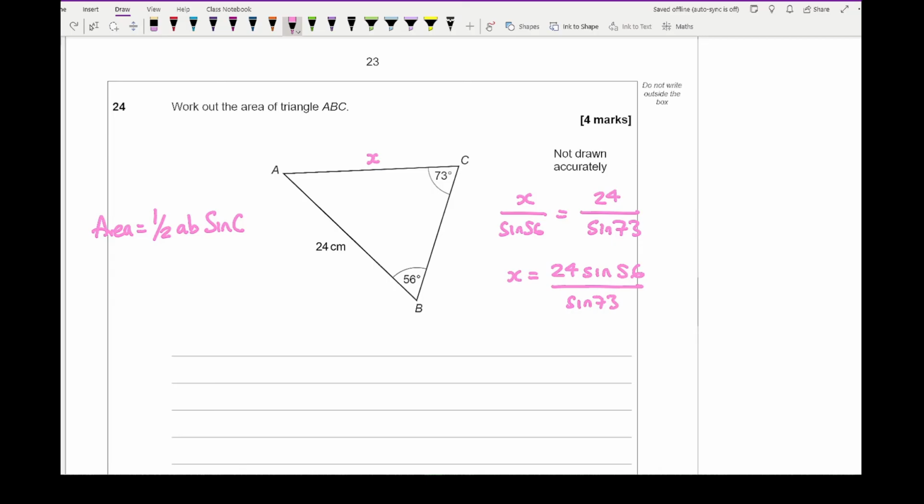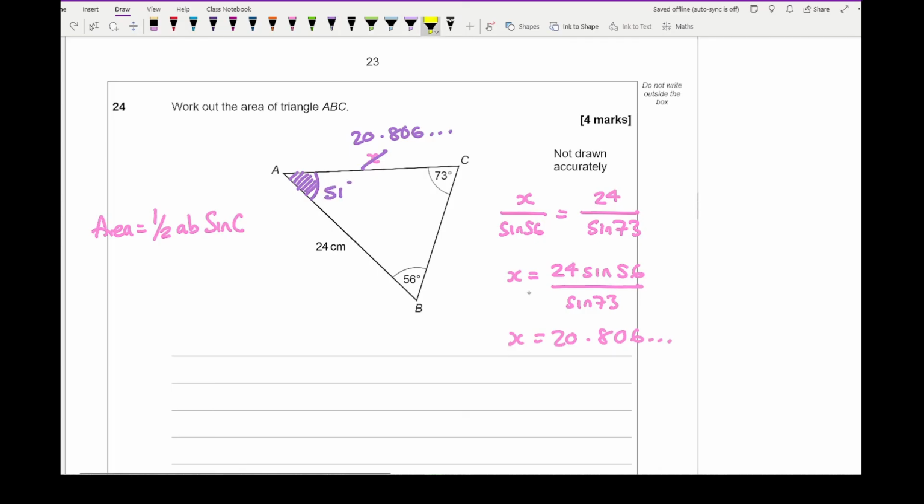If I type that into my calculator, I get an answer of 20.806 and so on. Now just using my mental arithmetic, I can work out what angle A, or CAB, is by doing 118 minus 73 minus 56, and that gives me an answer of 51 degrees.